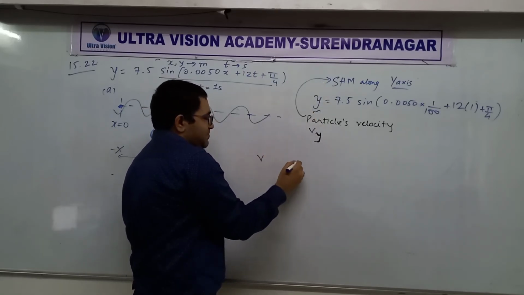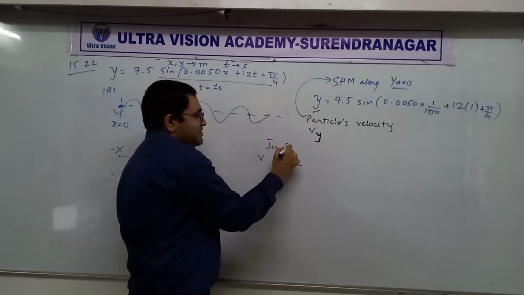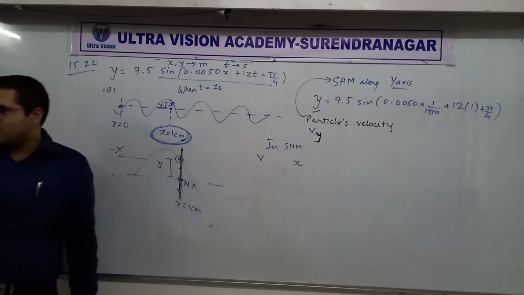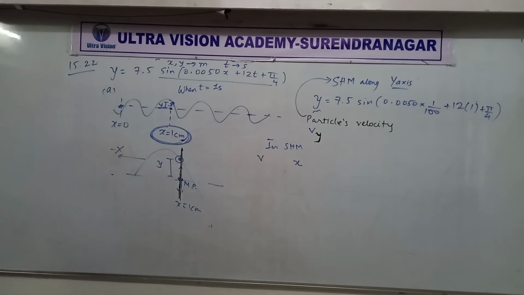What's the relation that we have derived in SHM between v and x?